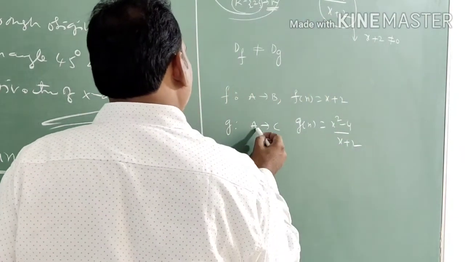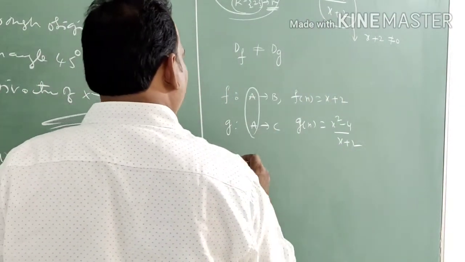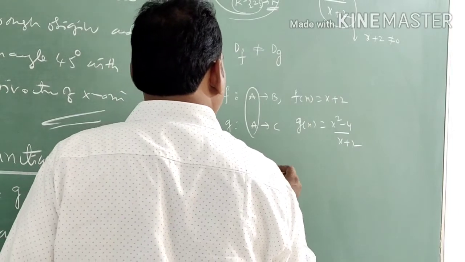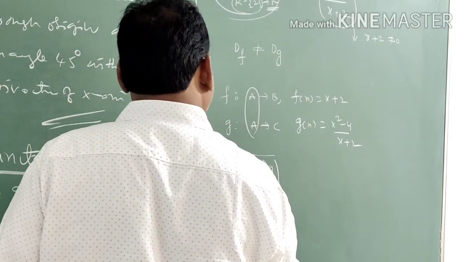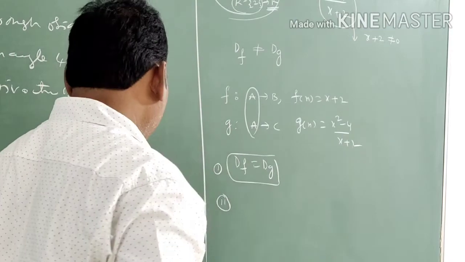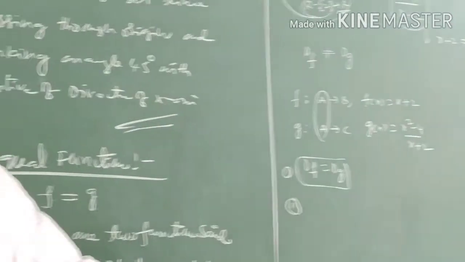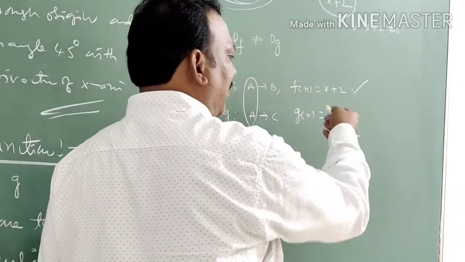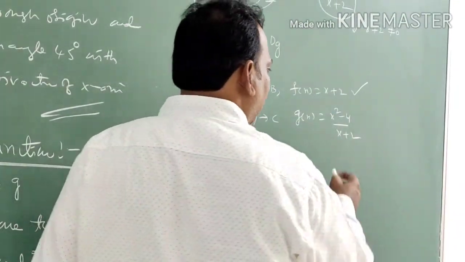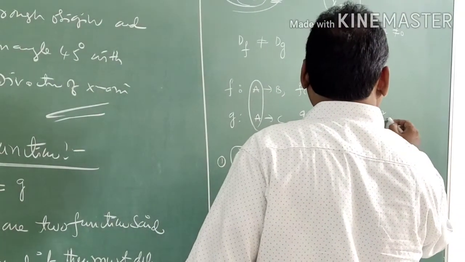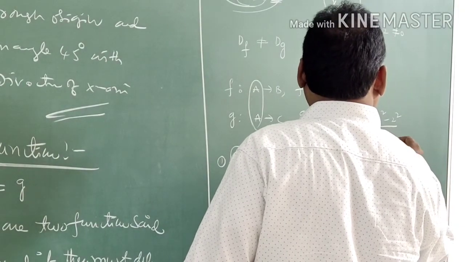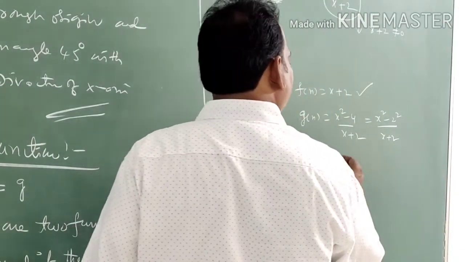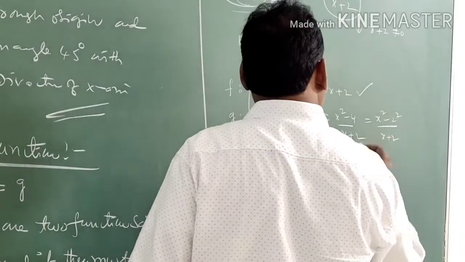Now you can see that they have the same domain. So domain of f is equal to domain of g. First condition satisfied. Second condition, we have to prove that f of x and g of x are equal. So f of x is x plus 2, but g of x is not written as x plus 2. You can simplify this function: x square minus 2 square upon x plus 2. x square minus 2 square means a square minus b square.